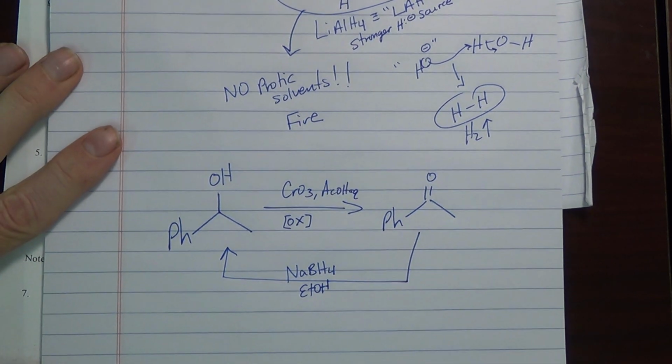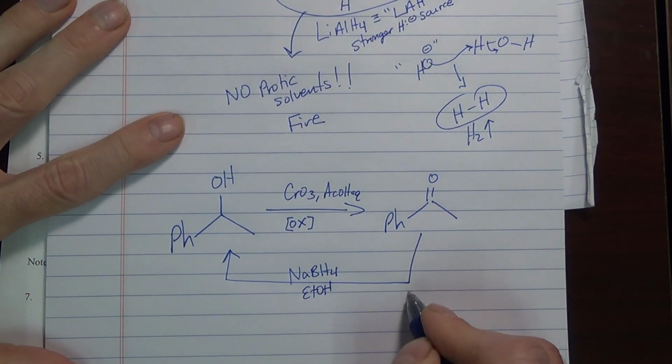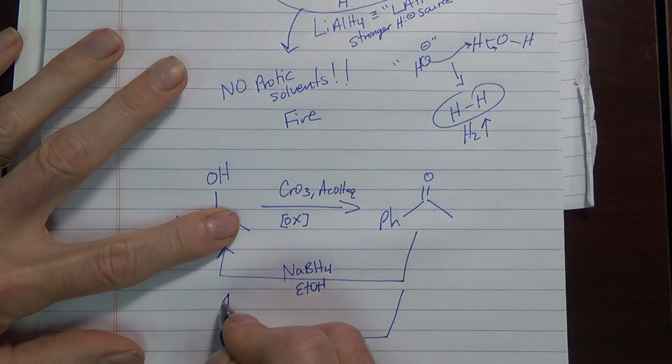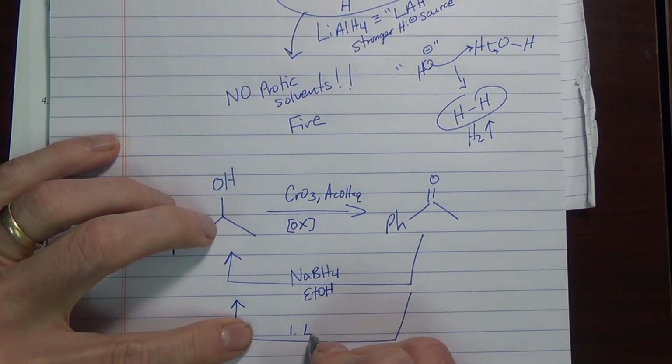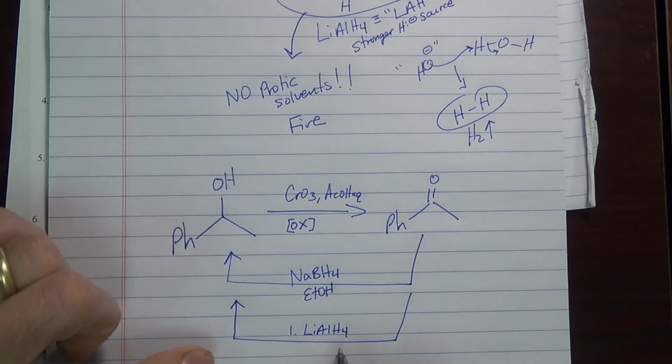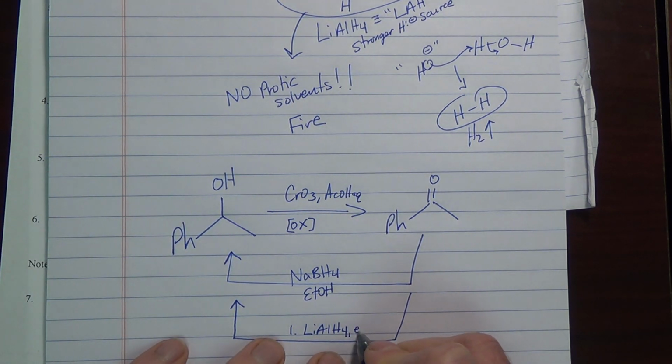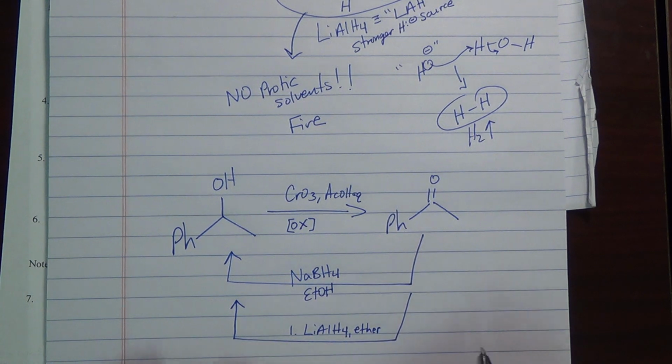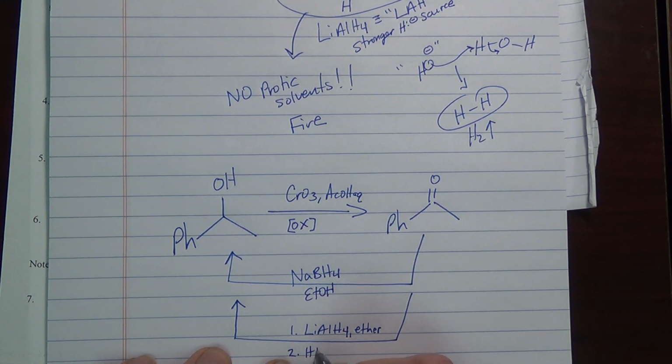All right. Well, if you did it with LAH, you would want to use LAH by itself, maybe a non-protic solvent such as diethyl ether. Then you need to come in with H plus workup.